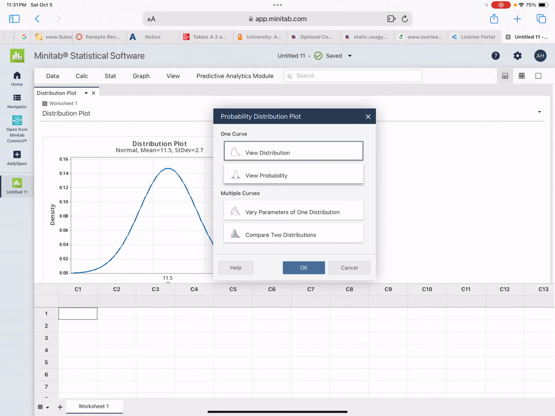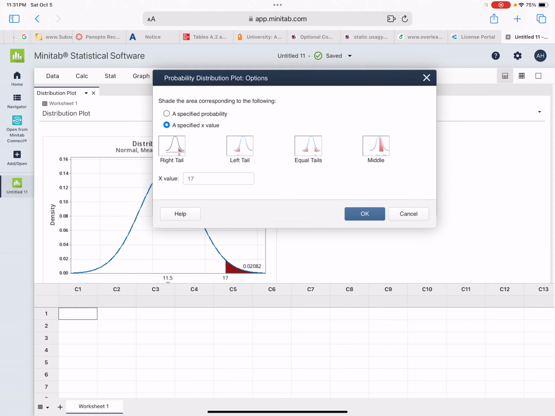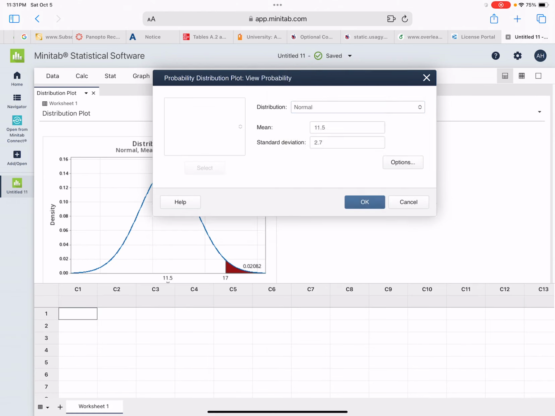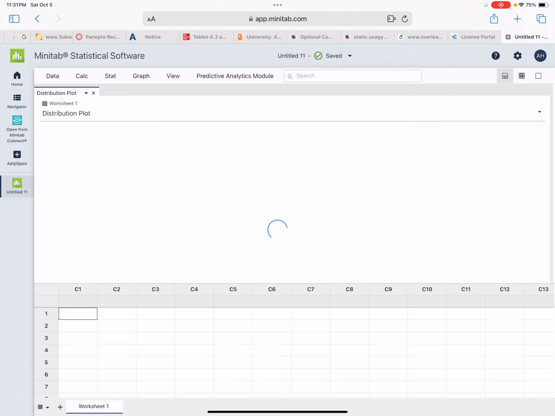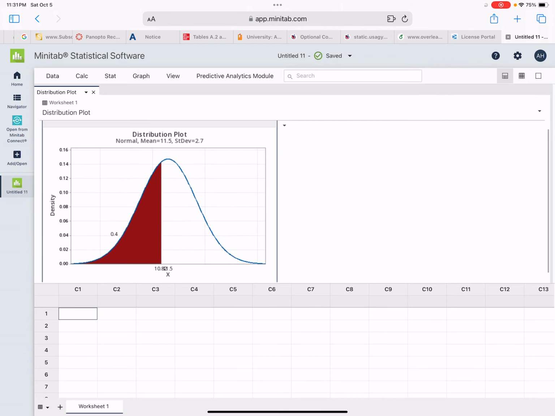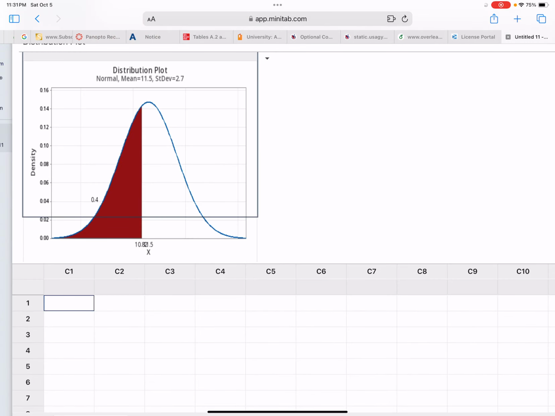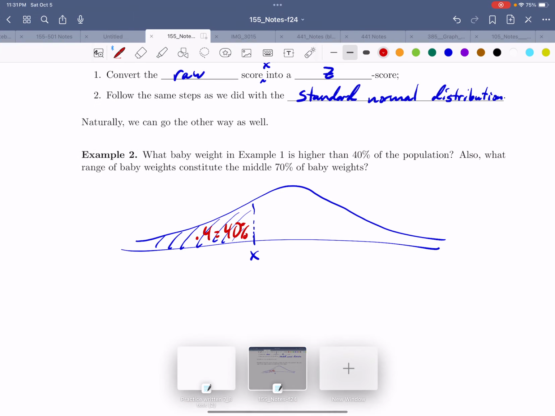Okay. So what we can do, again, using Minitab, graph, probability. So we want to do a specified probability in this case, left tail, 0.4. And that's the answer. Oh, that's a little annoying. Looks like it's 10.82. A little tough to see there.